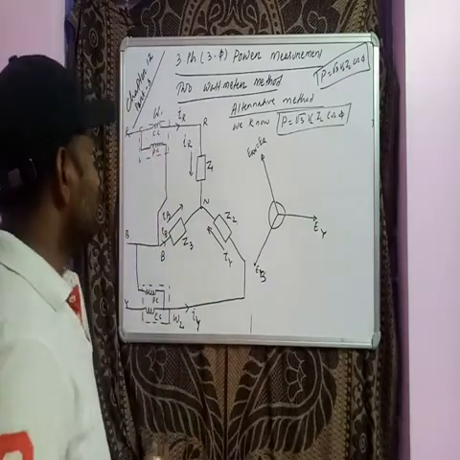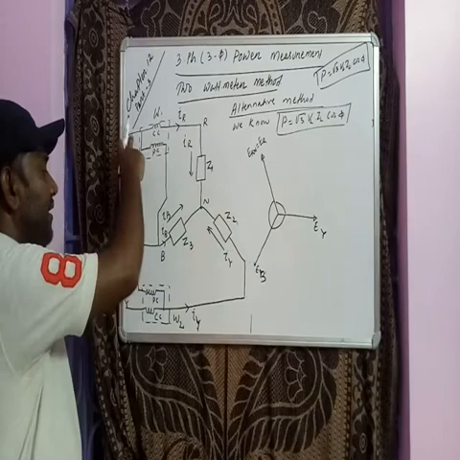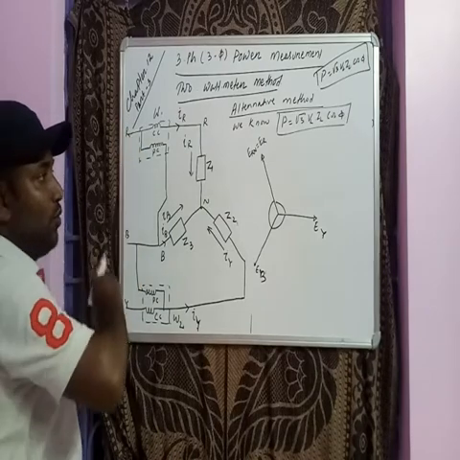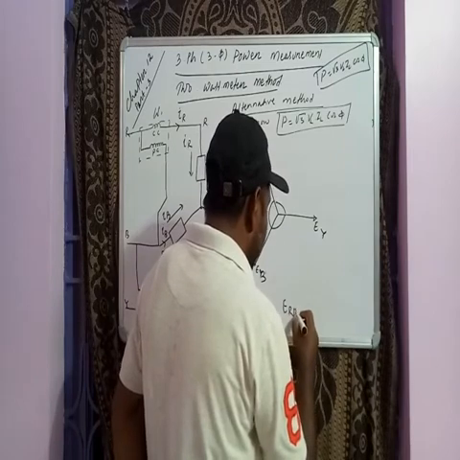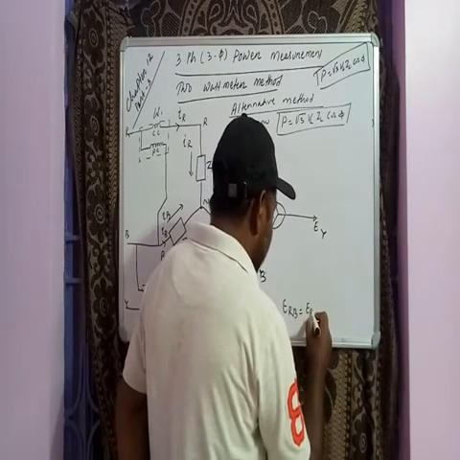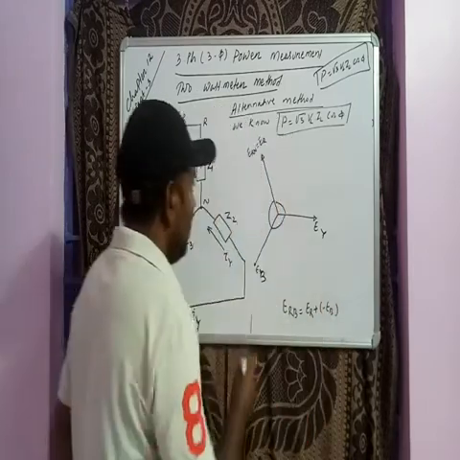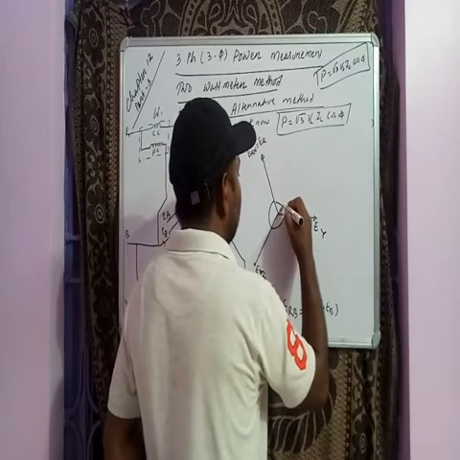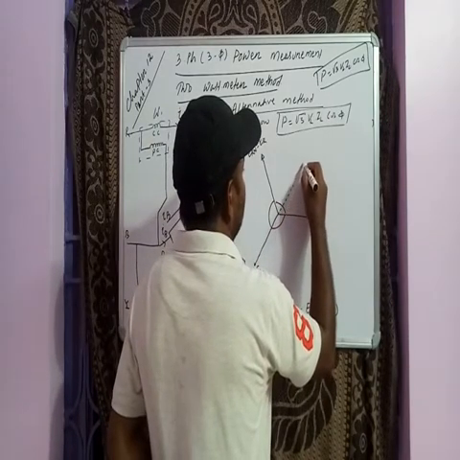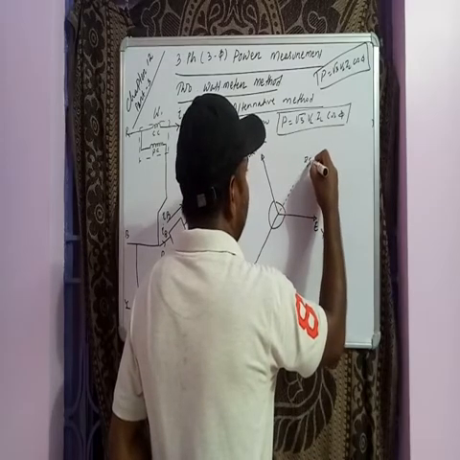Okay. Now see, we require IR and also we need ERB. So ERB means what? It is ER plus minus EB. ER here, EB here, just to reverse it. It is your minus EB.